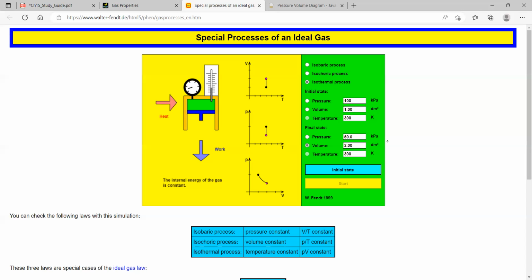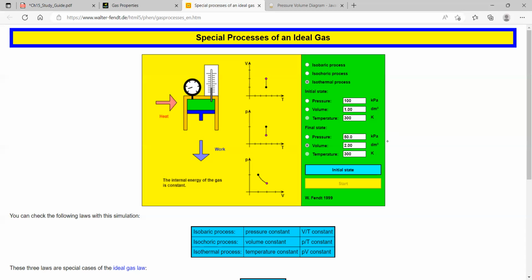Okay, so we can show that here, and you will see there is no change in temperature in the first and second graph, but you will see that the volume is increasing, but pressure is decreasing. So you see that no change in temperature, volume increasing, pressure decreasing.